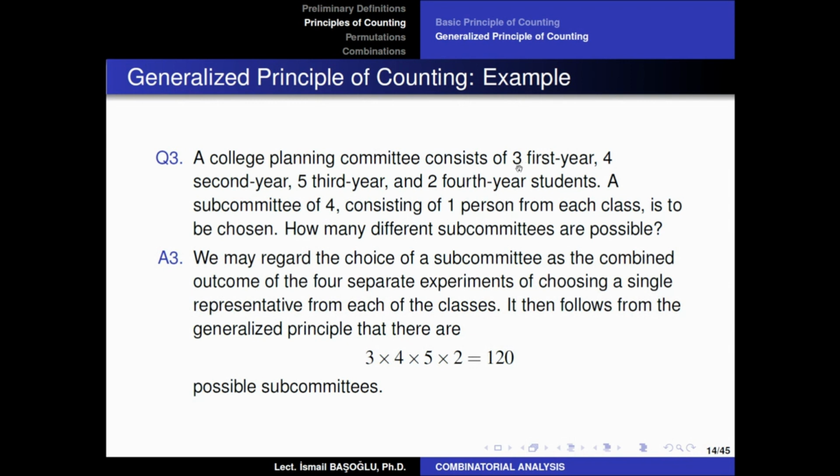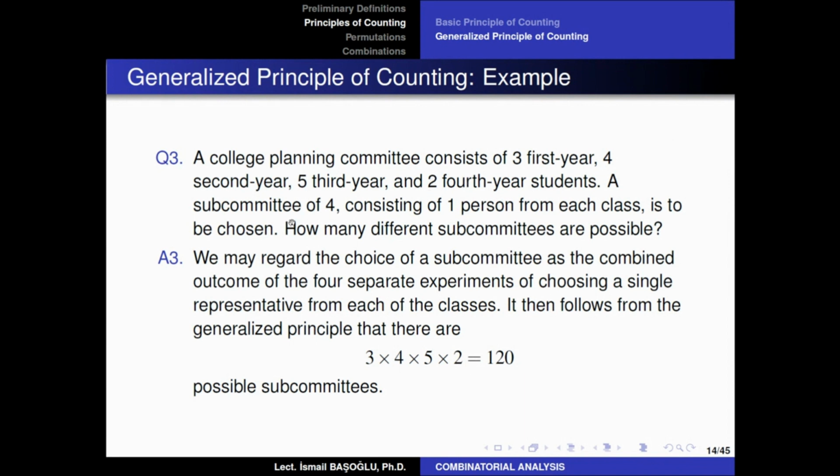Now my first experiment is to select the first year student, and I have only 3 choices here. So the first experiment may end up with 3 outcomes. The second experiment may end up with 4 possible outcomes. The third experiment may end up with 5 possible outcomes, and the fourth experiment may end up with 2 possible outcomes.